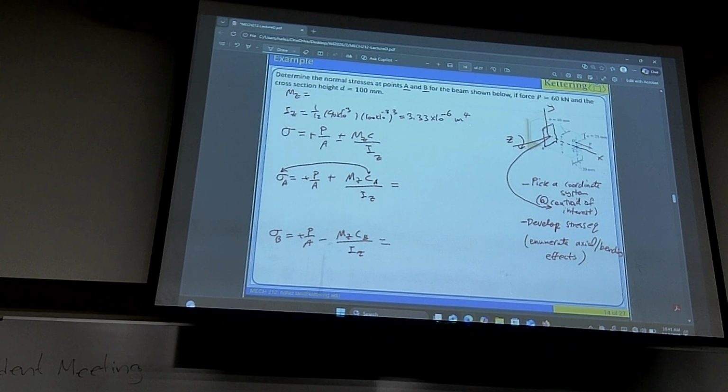Ivan? 25 millimeters. The perpendicular distance between the force and bending axis. So it is really this distance. You see that here? So this is P times DC, the absolute value of that.